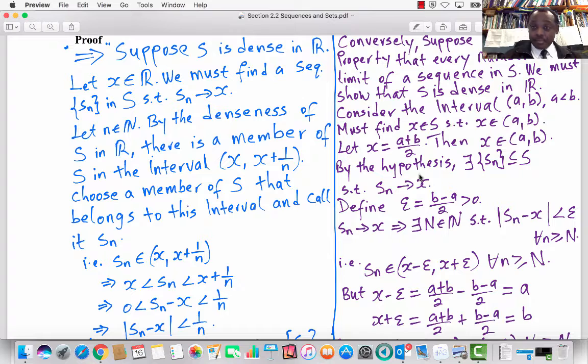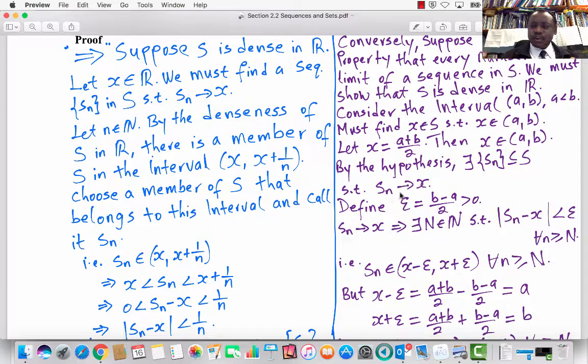By our hypothesis, there exists a sequence in S called the sequence Sn such that Sn converges to X. That is what the reverse direction says. We are assuming that every number is the limit of a sequence in S. In particular, the number X, A plus B over 2, would be the limit of a sequence in S, and let's call the sequence Sn.